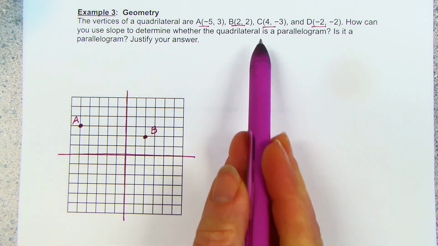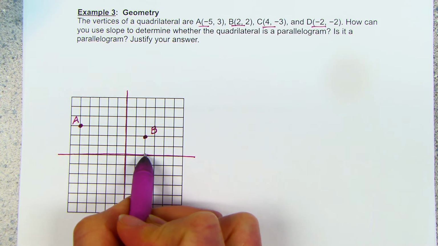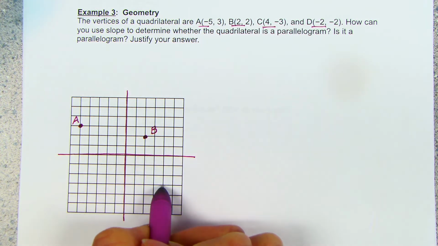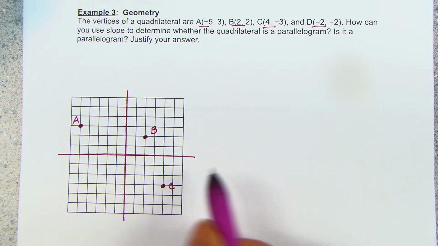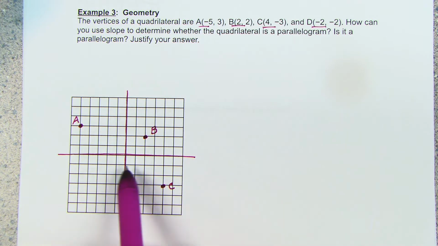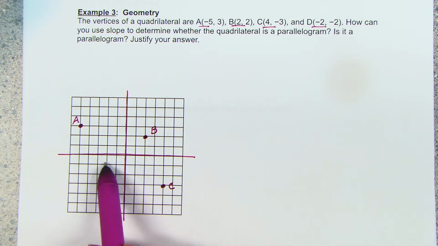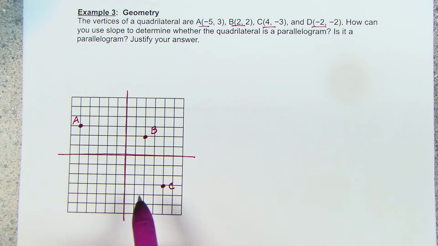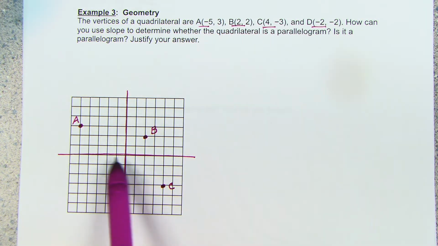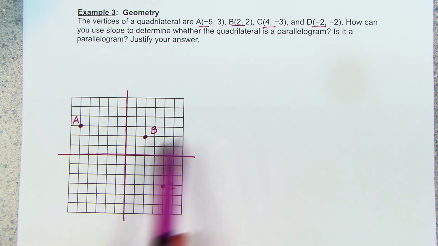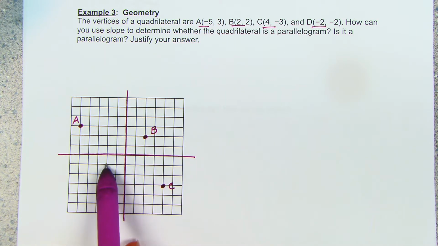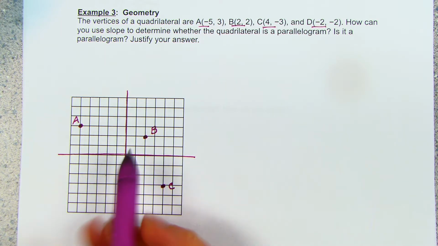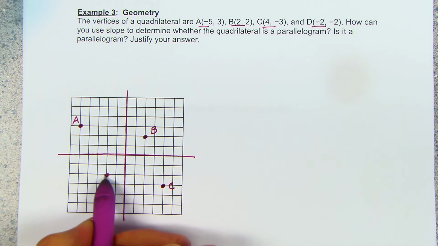And C is 4, negative 3. And D is negative 2, negative 2. Is that right? Maybe it is. Okay.